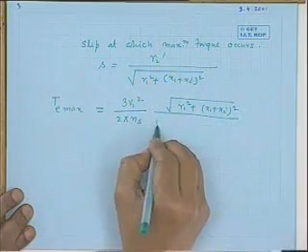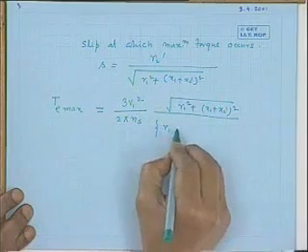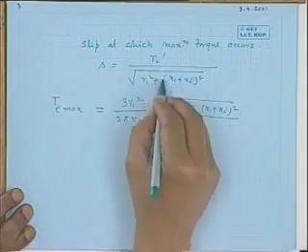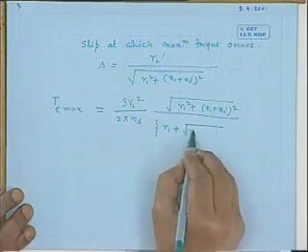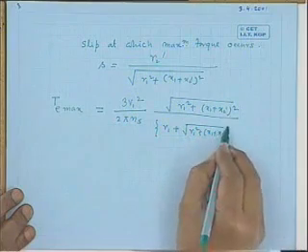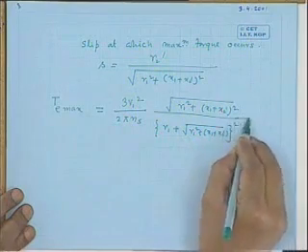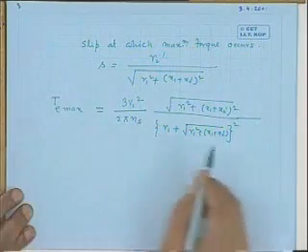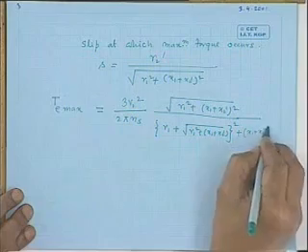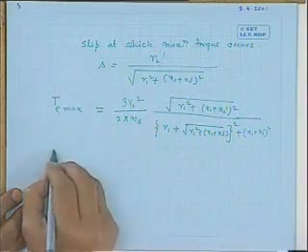And below you will get R1 plus R2 dashed by S, that is once again this quantity, R1 plus R2 dashed by S whole square plus X1 plus X2 dashed whole square.